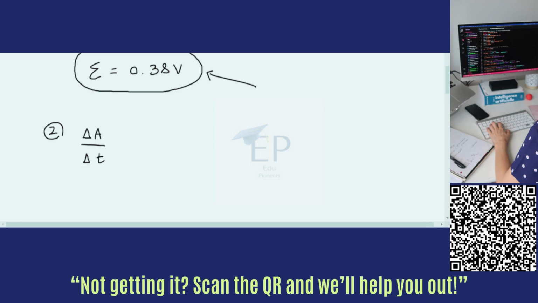So let's just refer back to our law of induction here. So we have minus the change in flux over the change in time. And now our change in flux is only going to be due to a change in area, right?